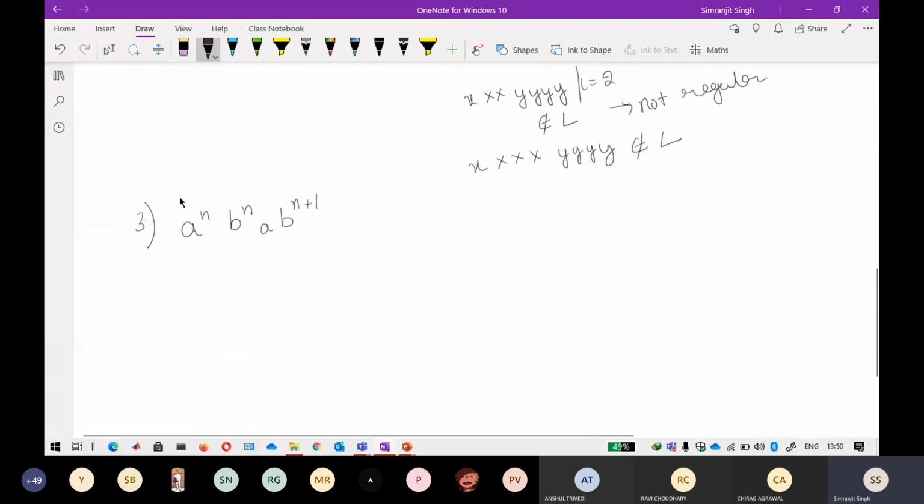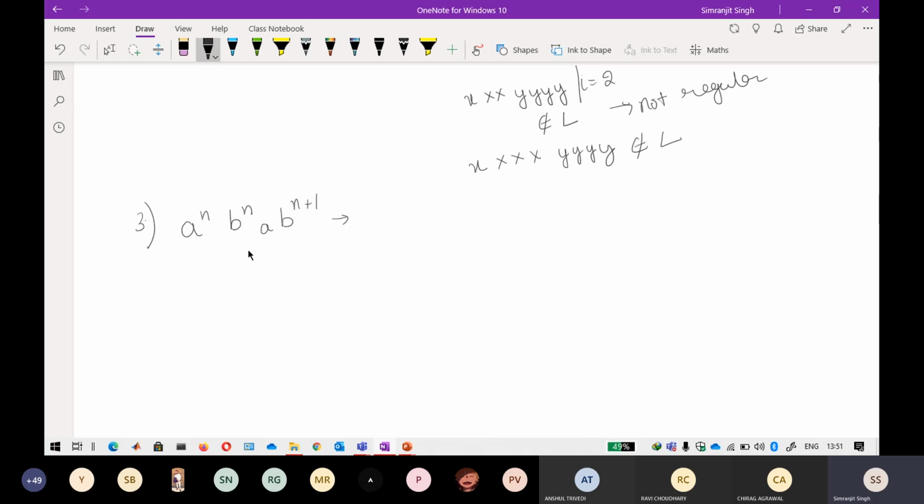Now you can directly say that this is not a regular language. But because we are doing theory of computation and this is a theory class, some kind of proof is required. For that proof, the pumping lemma is always the most preferred thing.